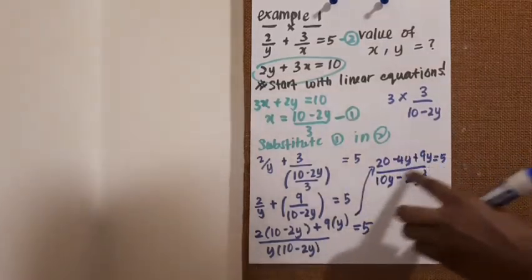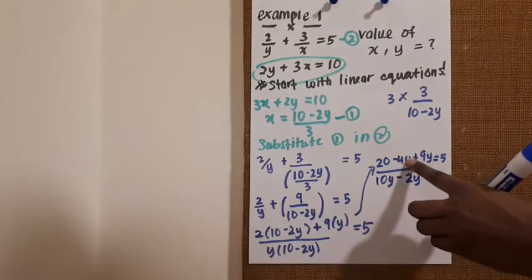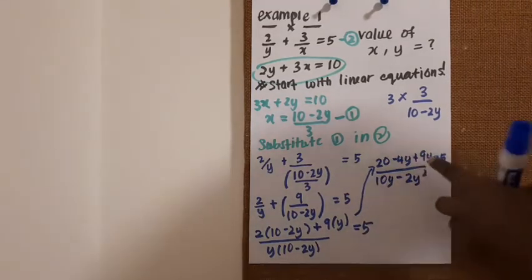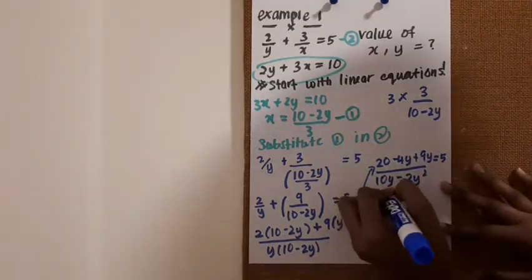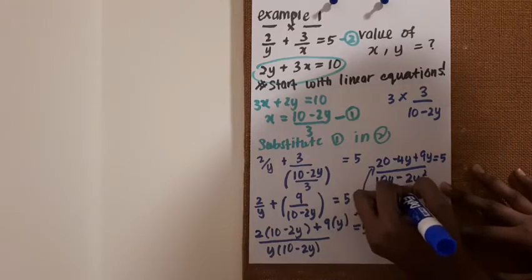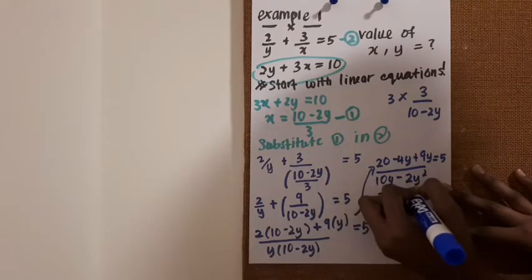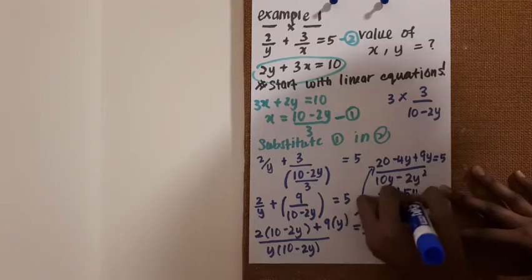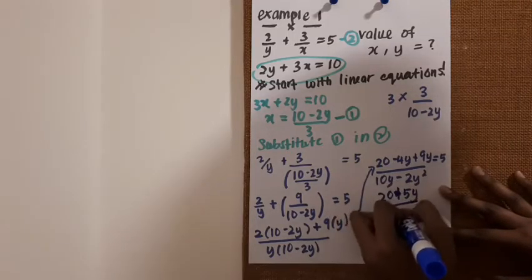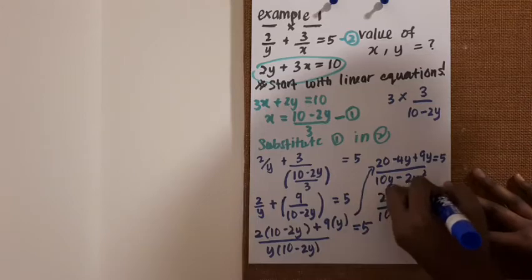You can solve this part where negative 4y and 9y is going to be positive 5y. So you get 20 plus 5y over 10y minus 2y squared equals to 5.